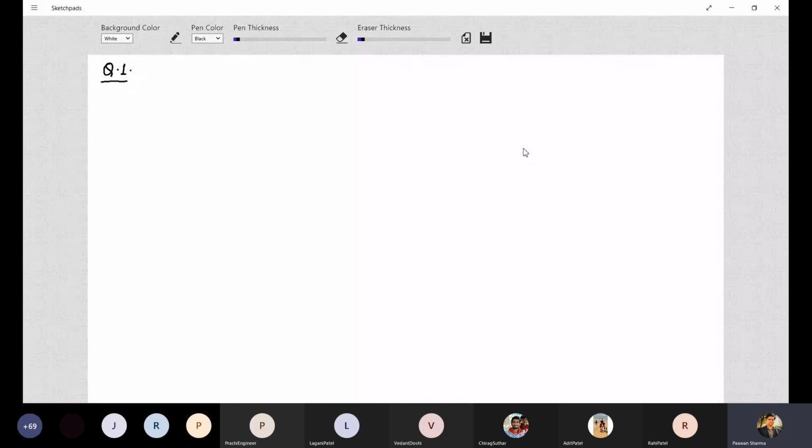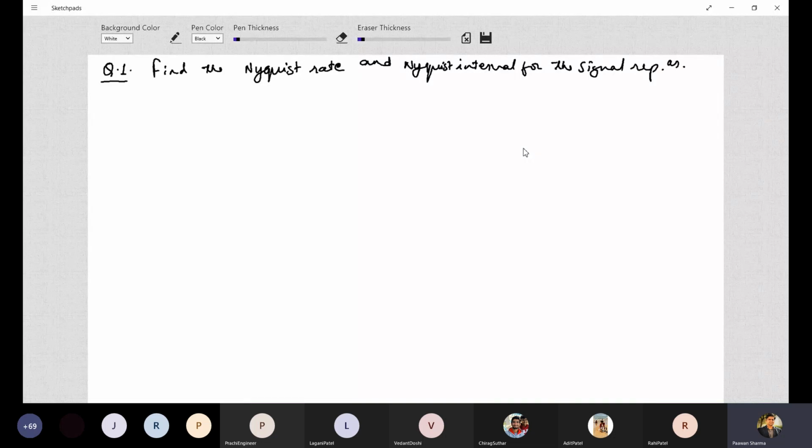Okay, so the question is, find the Nyquist rate and Nyquist interval for the signal represented by m(t) = 5 cos 1000 pi t cos 4000 pi t.